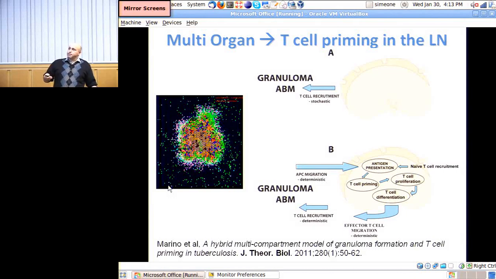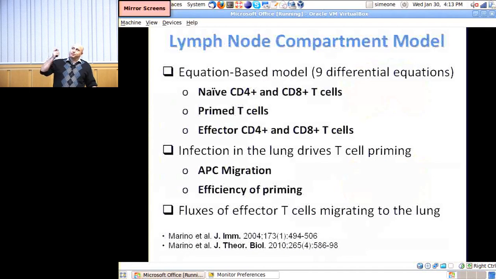Anyway, this has been published, but we used the experience from other models that we published before, where we had a lymph node compartment that was an ordinary differential equation system. And so we simplified some of those equations and built a lymph node ODE compartment with 9 differential equations that represent naive CD4 and CD8, primed T cells, and effector CD8 and CD4.